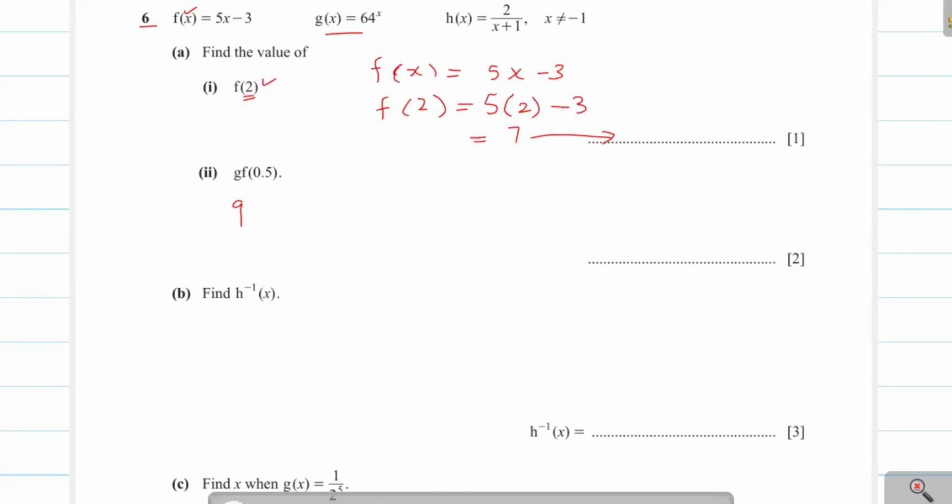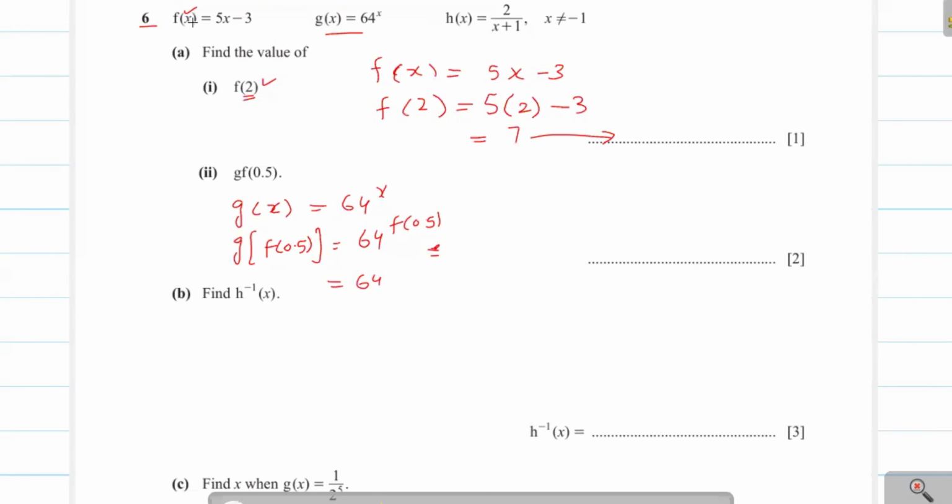Now you see here g of x equal to 64 power x. Now we put the value of x here as f of 0.5, and we write in place of x is f of 0.5. Now 64 we write here as it is. Now f of 0.5.